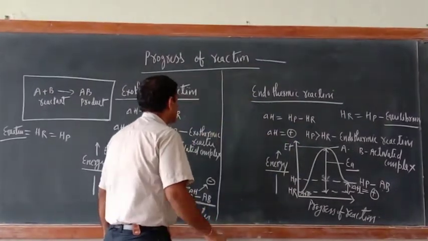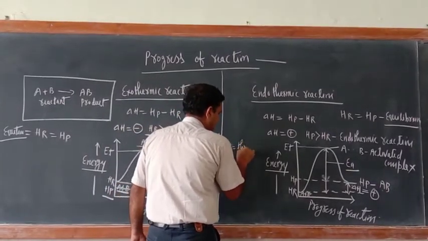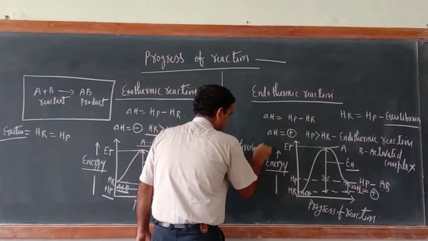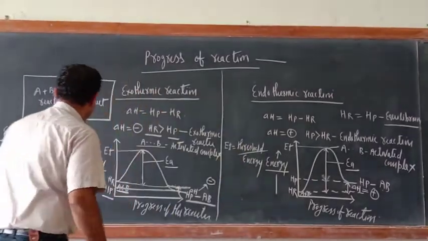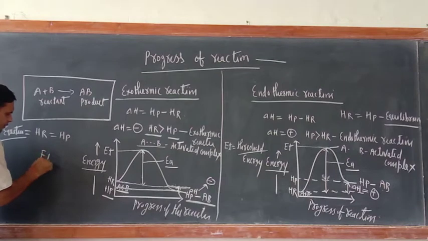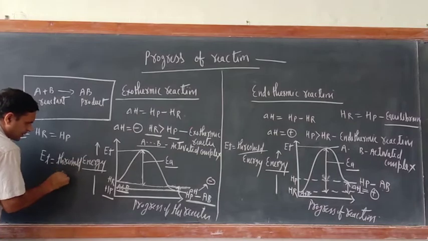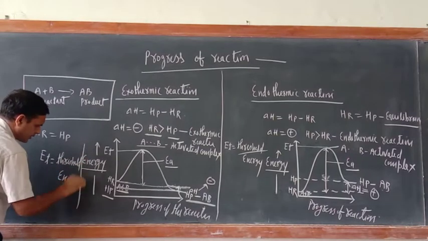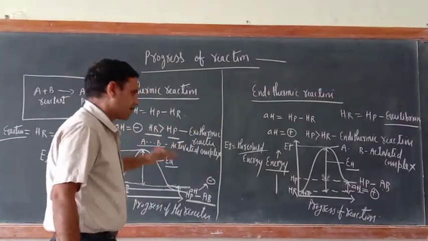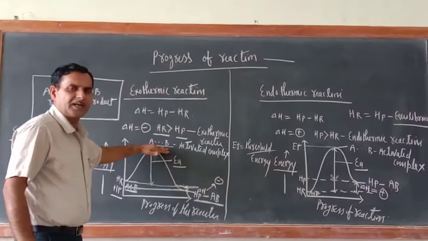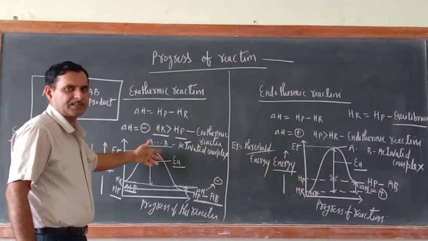ET equal to threshold energy. So this is all about the progress of the reaction. Activated complex is only formed when energy of the reacting species is equal to activation energy or greater than activation energy.